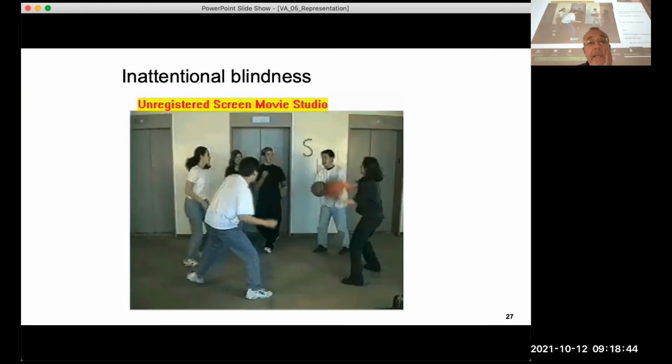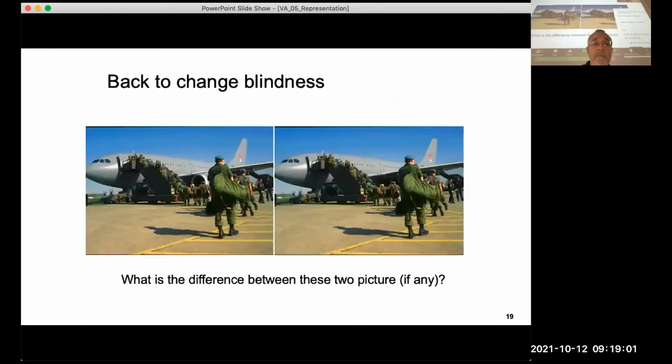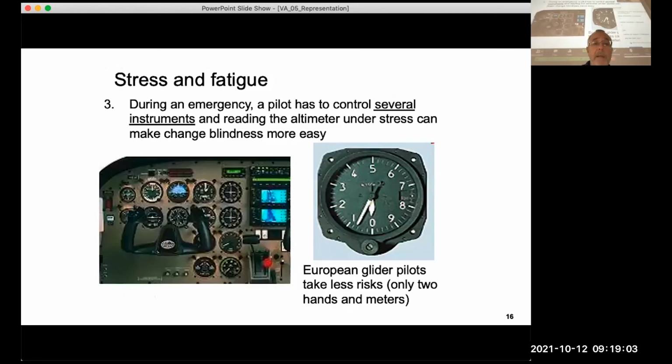And again, this is something that happens with complex visualization. If you're looking at an image and you are focusing on something in it, this is very typical: you're flying, you look at the compass, for the direction, the bussola.